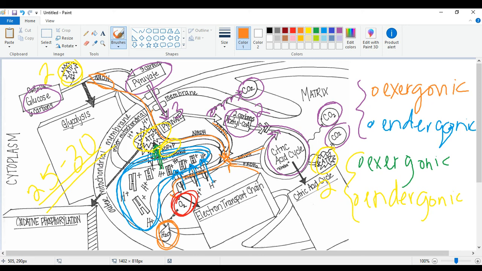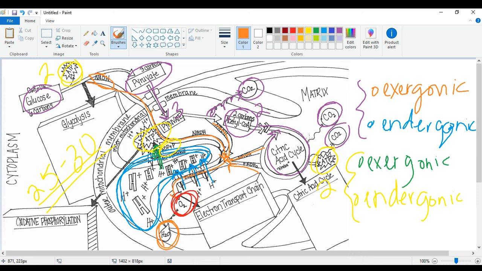If we couldn't create this potential energy, it would not be an exergonic reaction as they go through the membrane. It would not release enough energy to phosphorylate ADP, because they would just be leaking back all the time. You wouldn't create a gradient. They would probably just be at an equilibrium and everything would be fine, but nothing could be harnessed for energy. And then you wouldn't be able to use this proton motive force to create ATP.